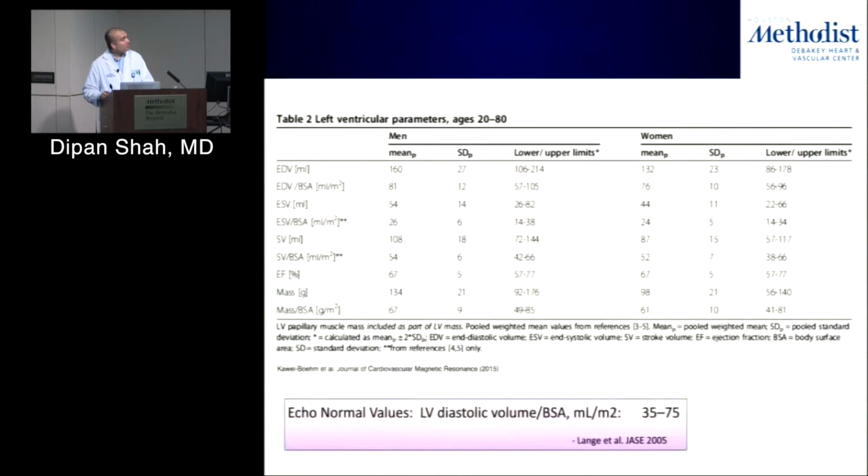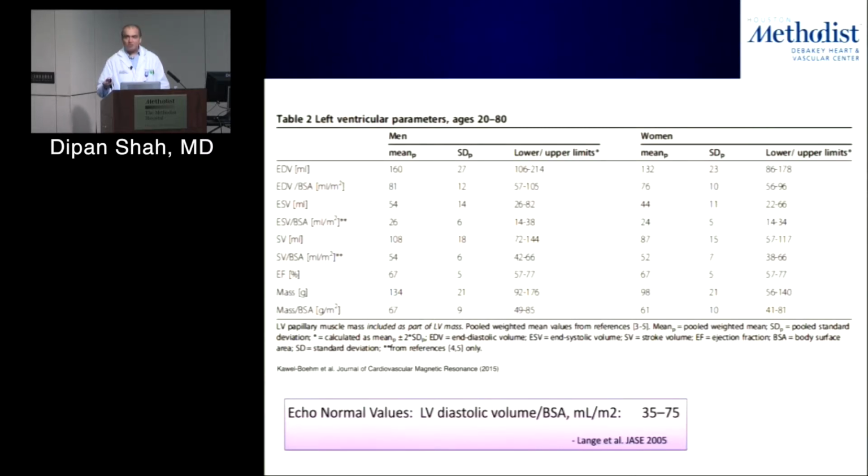And then just talk briefly about the numerical values that we get by CMR. We have numerous studies that have derived normal values by CMR for end diastolic and systolic volume, as well as ejection fraction and mass.